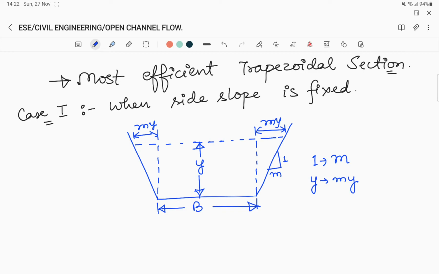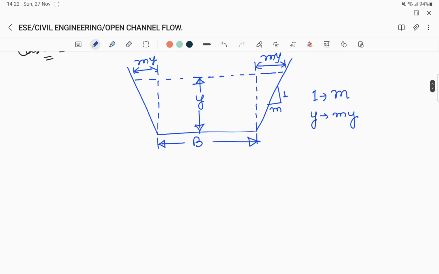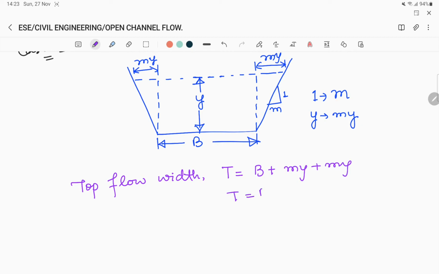So the total top flow width T is equal to B plus my plus my. So this will become T is equal to B plus 2my.